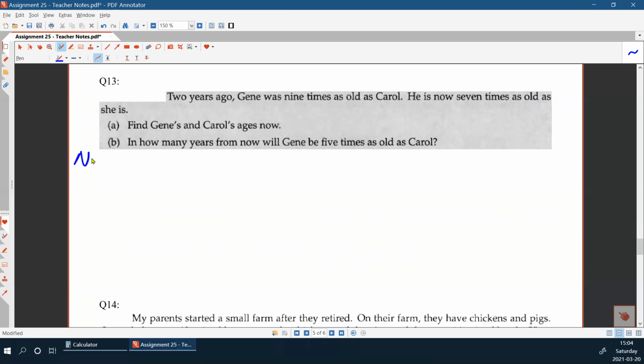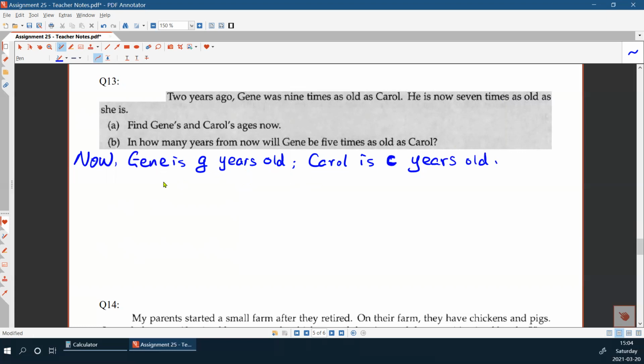Let's suppose now Jean is G years old, and Carol is C years old. Of course here you can use X and Y. Again, we use the letters G and C in order to remember the meaning behind the letters easily, right?